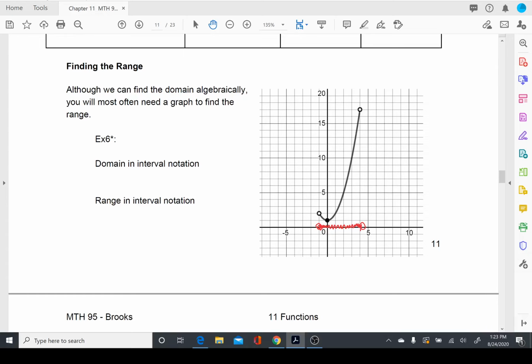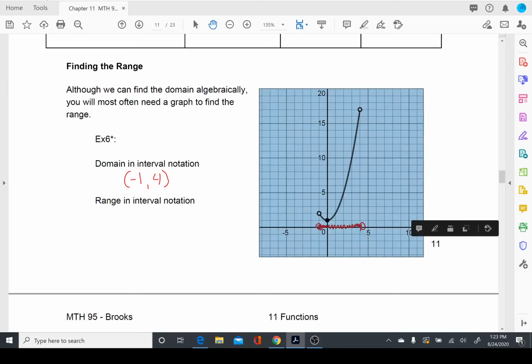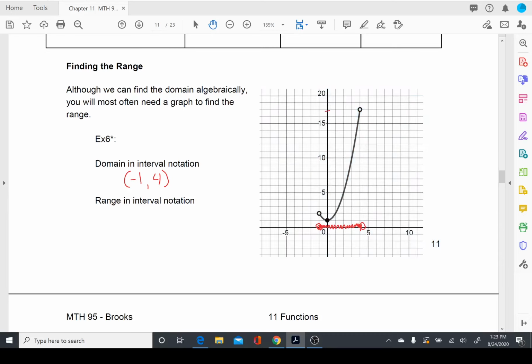So the interval notation for this will be x can be from negative 1 to 4. And we'll do the same thing for our range. And the range can go all the way up to 17, and it goes all the way down to 1.